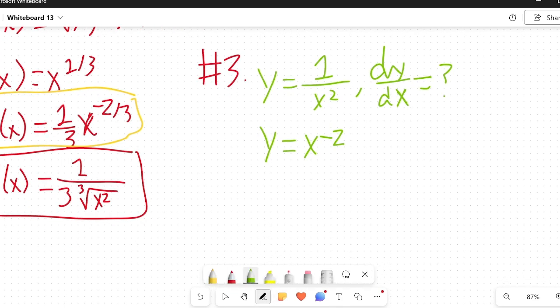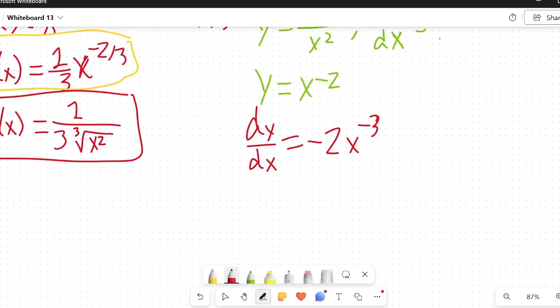And then if we apply power rule here, we will get that dy over dx is equal to, let's start by bringing this constant out in front, negative 2 x, and then we have to subtract 1 from this power, so it'll look something like so, right? And then if we simplify this even further, we will get that it's equal to negative 2 over x to the 3, right? So something like so will be our final answer.